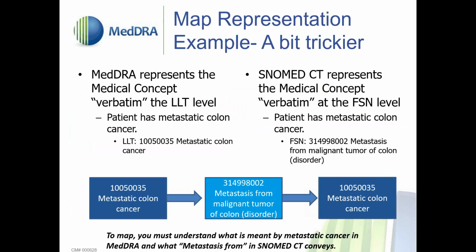In this situation, you have to understand the way that MedDRA and SNOMED CT are representing metastatic cancer concepts, and the difference between metastasis from and metastasis to. When we do the reverse direction, metastasis from malignant tumor of colon disorder into MedDRA, we make our way right back into metastatic colon cancer.